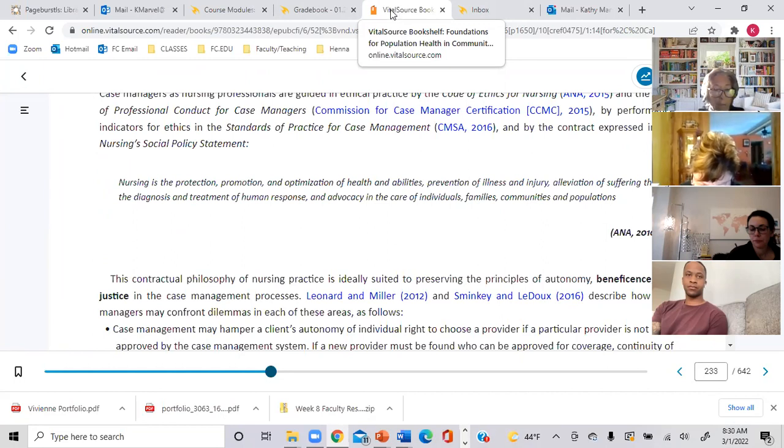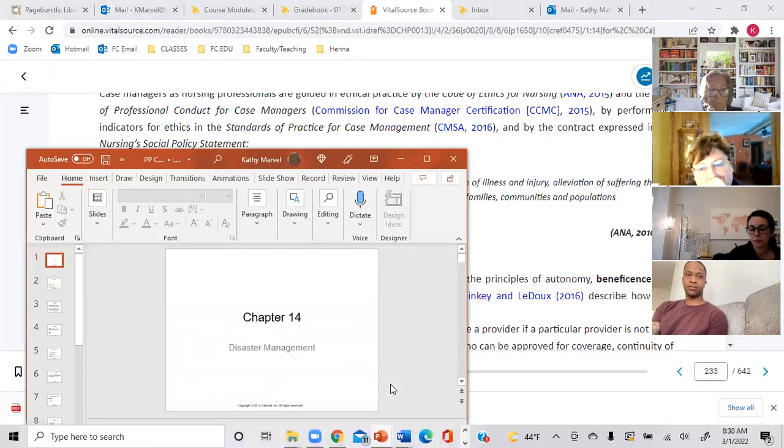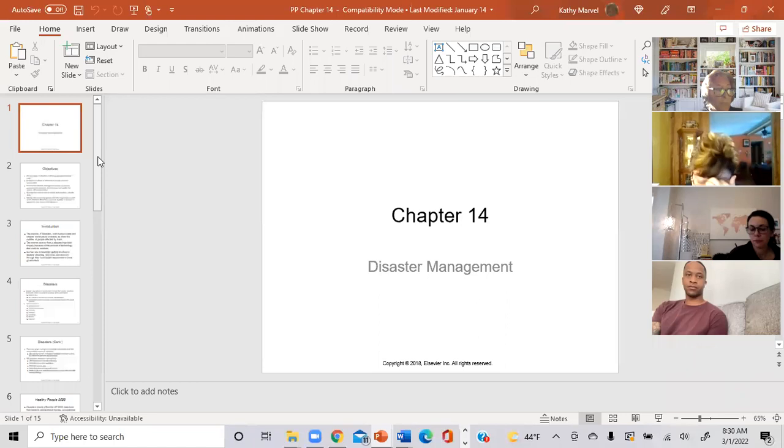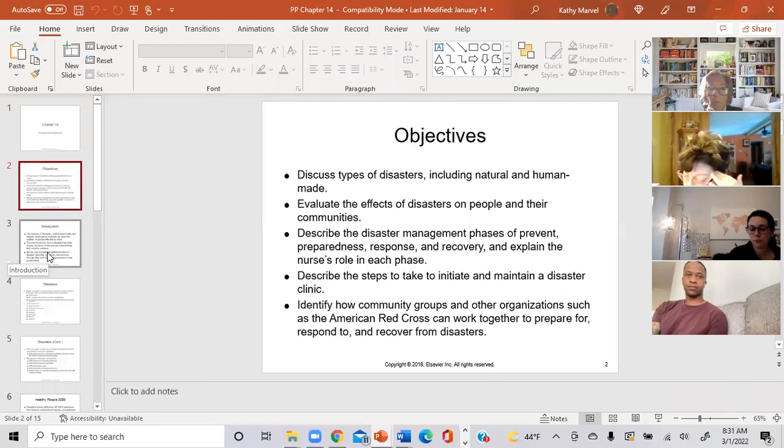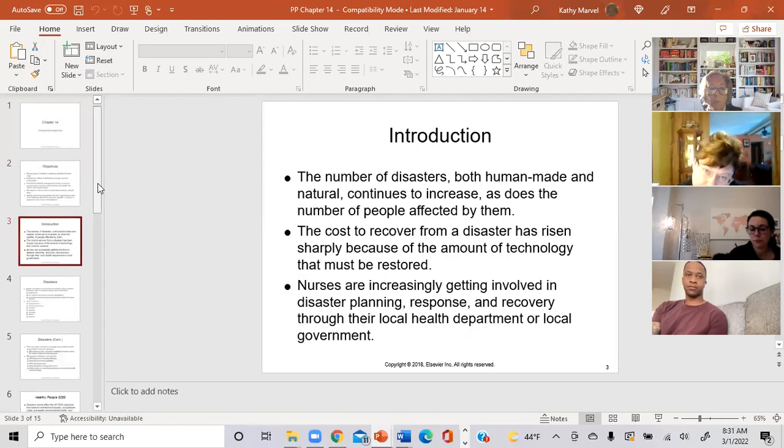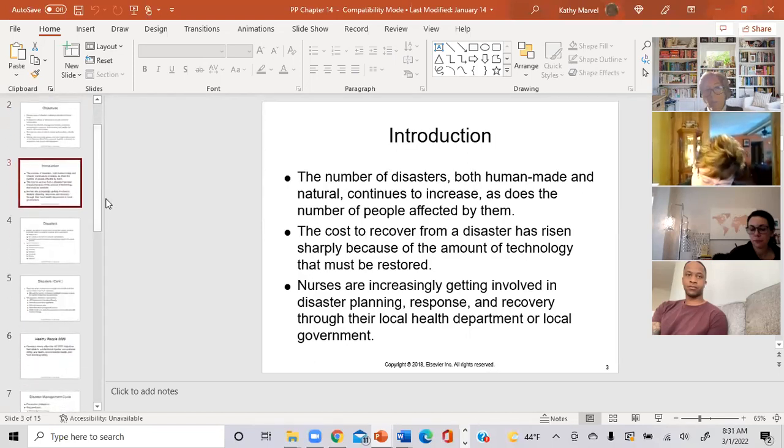Then let's go and cover disaster. Disaster management, chapter 14. Okay. You can have a look at the objectives. There's quite a bit of them, but what we know for disasters, so we're in chapter 14 now, we know that disasters are both human-made and natural.